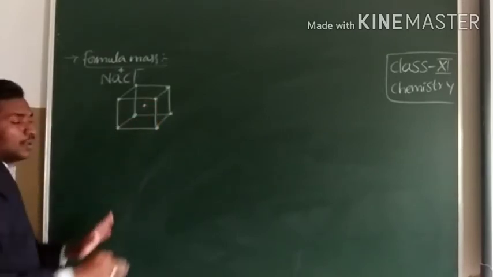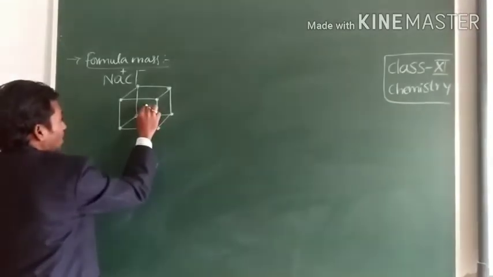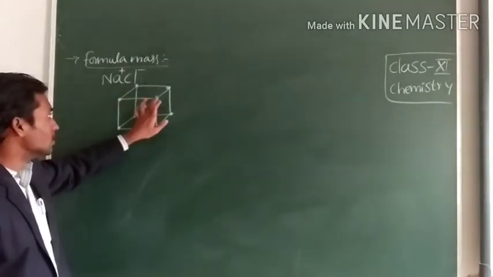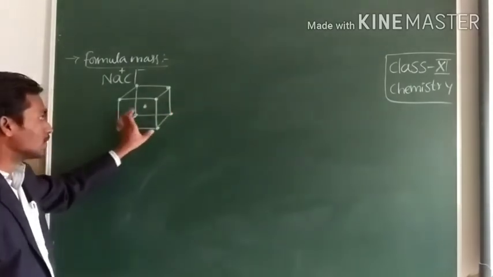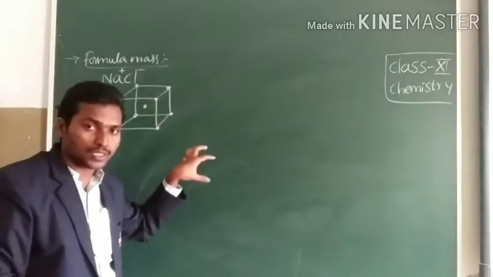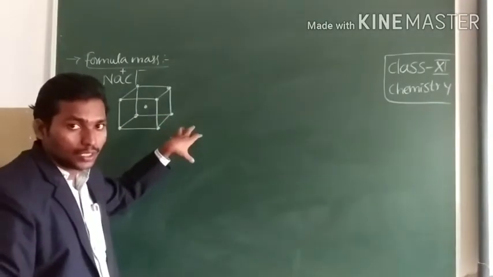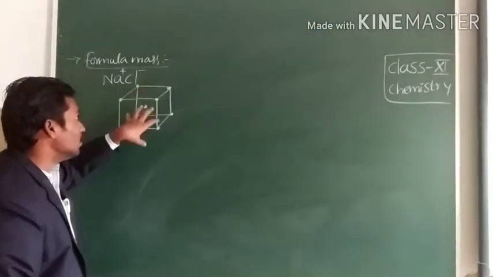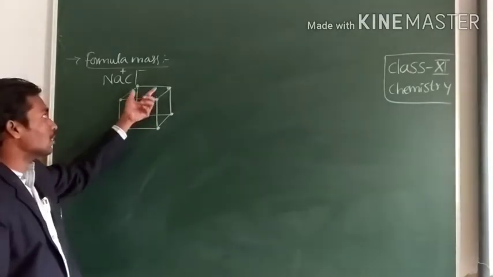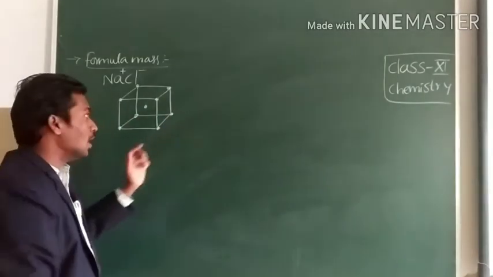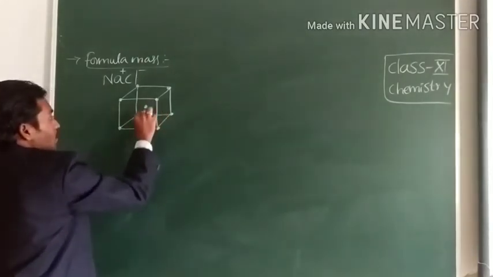It is called a body centered cubic crystal. Here these are the corners of the unit cell. Unit cell means the smallest portion of the crystal lattice. You see the three-dimensional crystal lattice, the three-dimensional unit cell, and these are the corner positions of the unit cell. These corner positions are occupied by atoms, and one more atom is present at the body center.